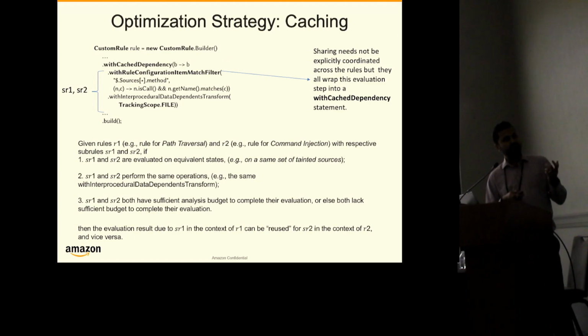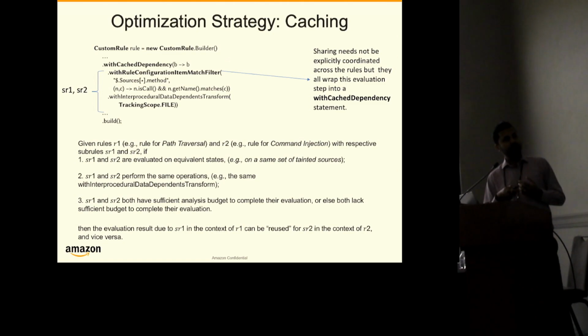So for example, given 2 rules R1 and R2 and 2 subrules SR1 and SR2, they are evaluated on equivalent states. SR1 and SR2 perform the same operation. As I mentioned, they have to have the same source and the same forward data flow. And SR1 and SR2 both have sufficient analysis budget to complete their evaluation. Which means that every rule also has a budget constraint.